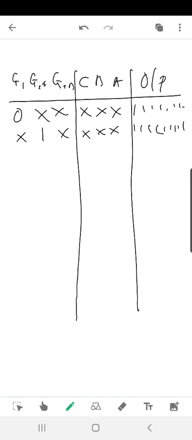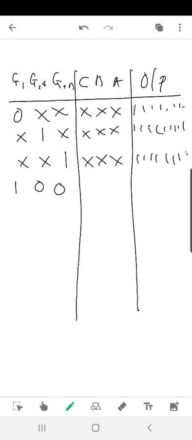Similarly, G2B is active low. If the value of G2B is 1, then irrespective of the state of the other enable pins and input lines, the output will again remain at 11111111. So for this decoder to work, G1 should be 1, G2A should be 0, and G2B should be 0.